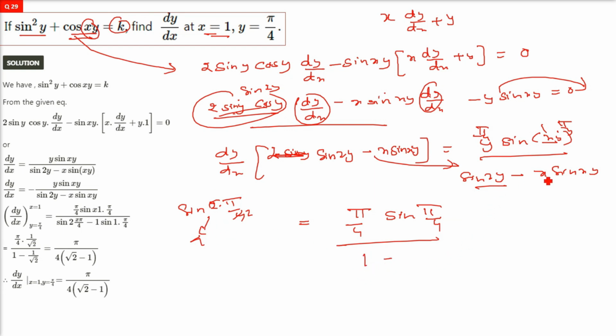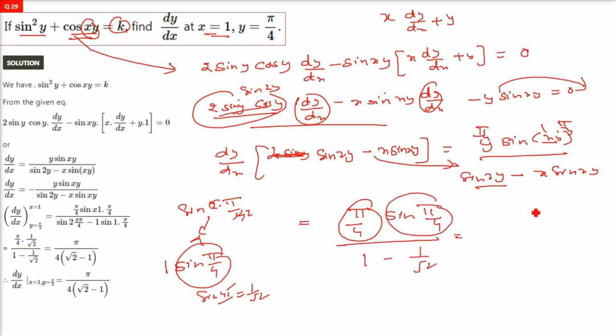And minus x, which is 1, times sin xy, so sin of 1 into pi by 4. Again sin pi by 4, and sin pi by 4 is what? It's 1 by root 2. So write it as 1 by root 2. Pi by 4 is already there. So we have pi by 4 into 1 by root 2, over 1 minus 1 by root 2.